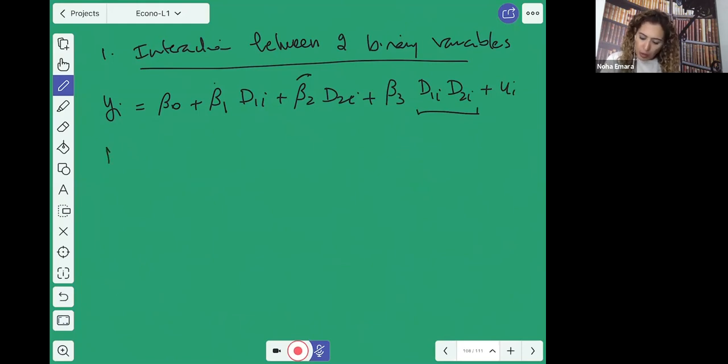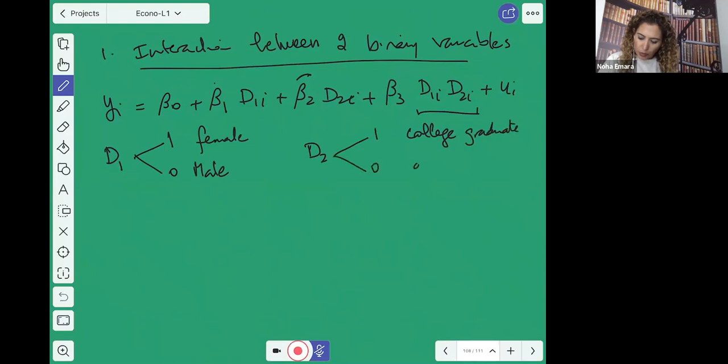So suppose that d1 is a dummy, so it takes 1 or 0. Suppose d1 takes 1 if the person is female, and 0 for male, and suppose we have just two gender types. And d2 is the second binary variable that takes 1 if the person is a college graduate, and 0 otherwise.